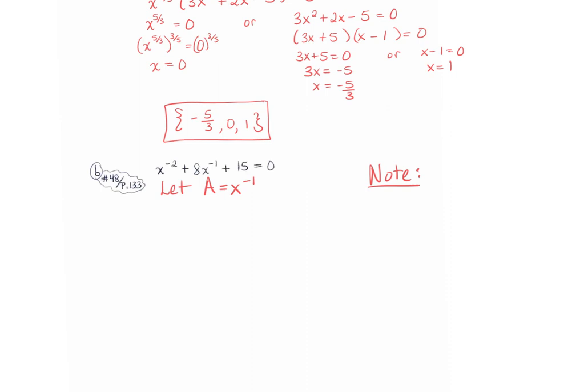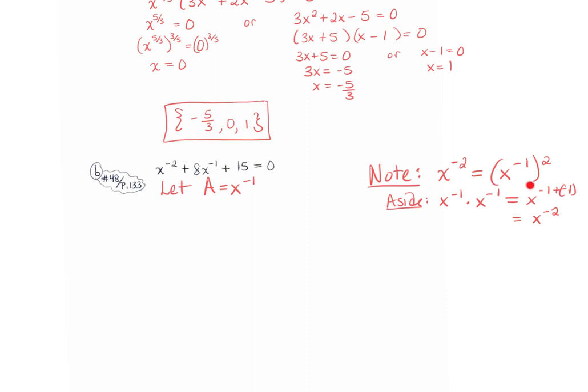One thing to note here, just because we want to figure out our approach: x to the -2nd is the same thing as x to the -1 squared, right? Because if you have x to the -1 times x to the -1, that's equal to x to the -1 plus -1, which gives us x to the -2nd, okay?